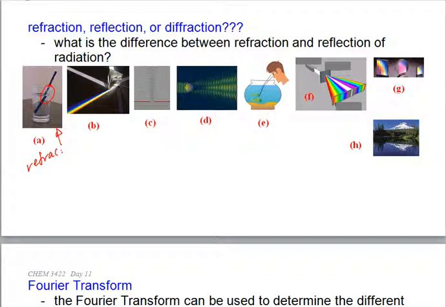How about B? Now, what's going on in B, Shelby? They're shining white light into a glass prism, right? And then you get Roy G. Biv out, and that is so different wavelengths.